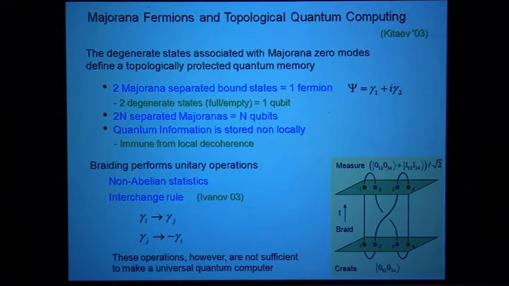The reason you have that minus sign is that the Majorana is like a vortex, so a fermion going around that vortex picks up a minus sign. I can think of a vortex as being connected to a string around which the fermion picks up a minus sign. If I do an interchange between them, you can convince yourself that one of them is going to cross the string and not the other.